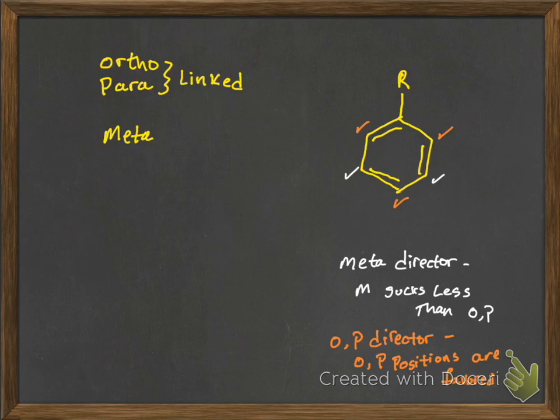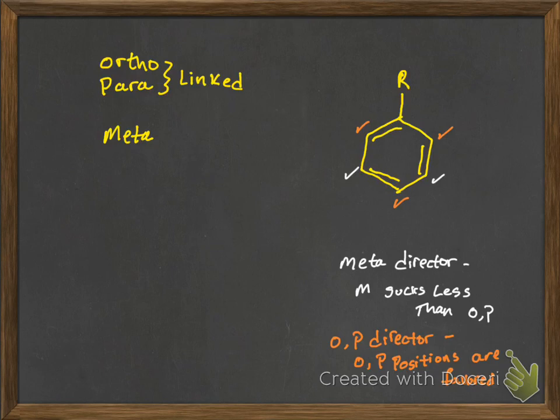The ortho and the para positions are somehow favored. So with ortho and para, those three sites are good. The EAS reaction is more likely to happen there for a couple of reasons we'll go into. With the meta director, the meta sites aren't really favored. They just aren't disfavored like the ortho and para positions are.